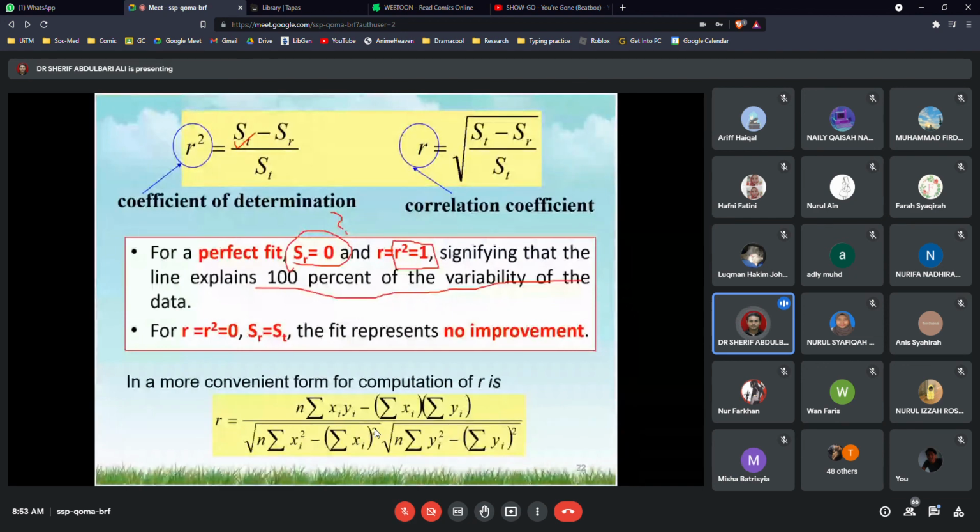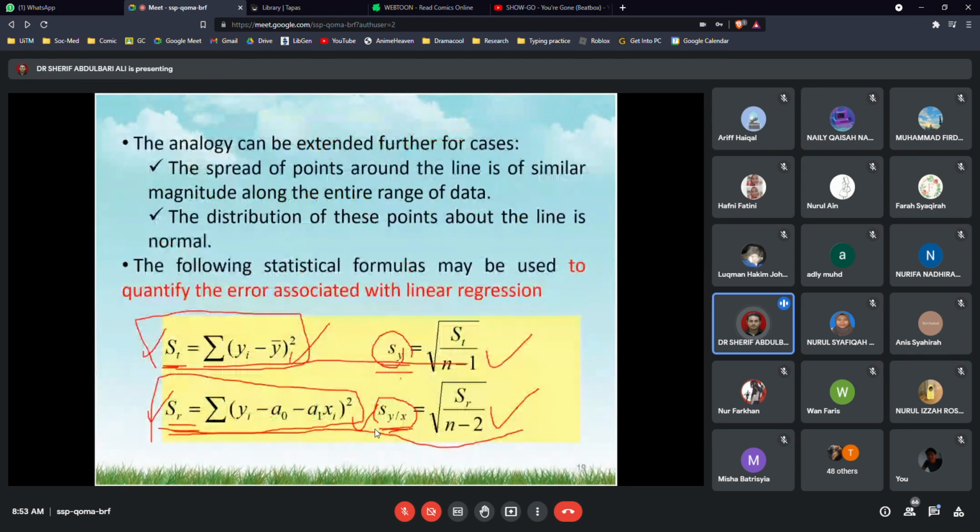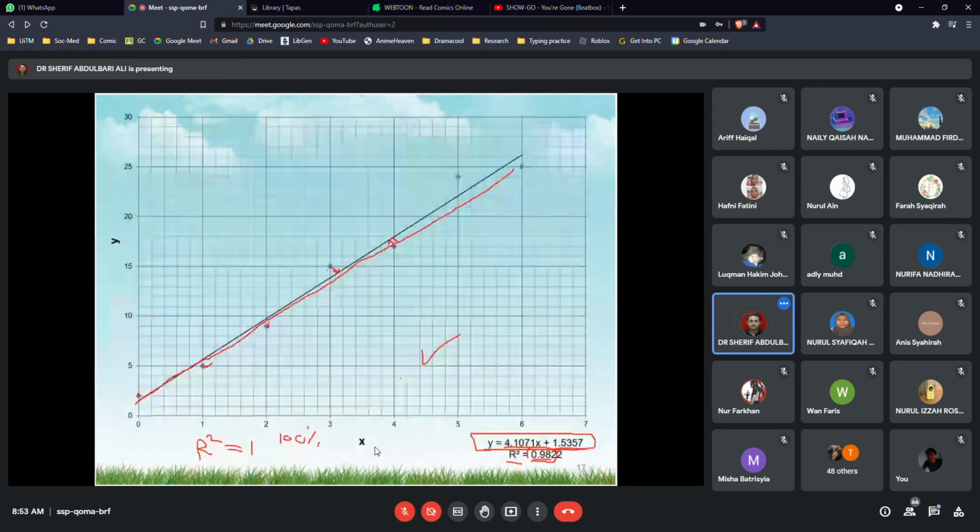So when R square is going to be equal to 1, the error will be what? Okay, it seems like you don't get it, but never mind. Some of you from the previous semester could answer this.